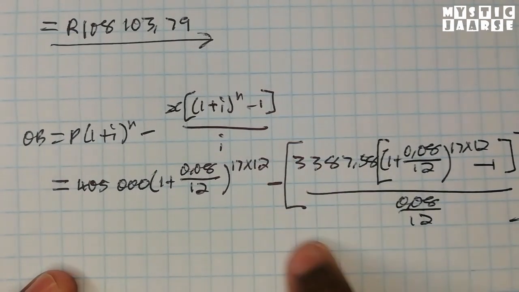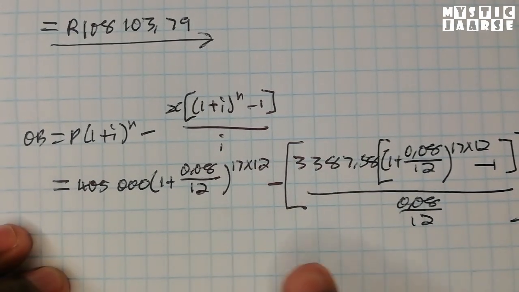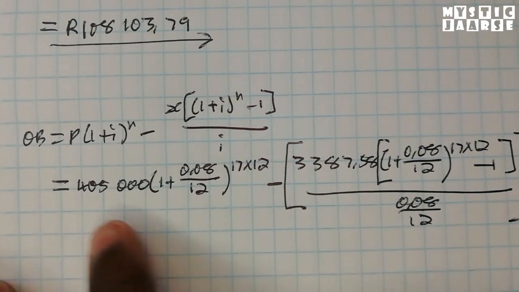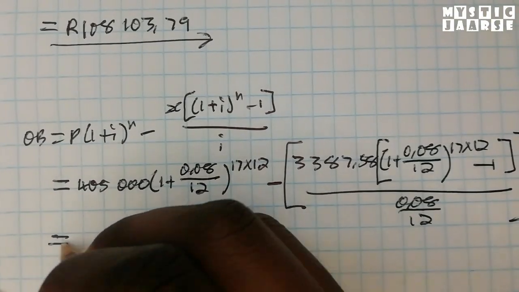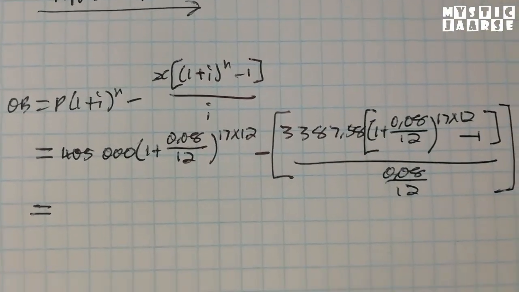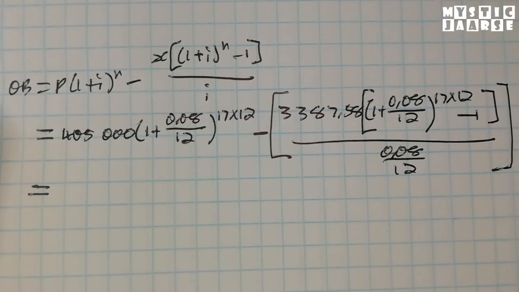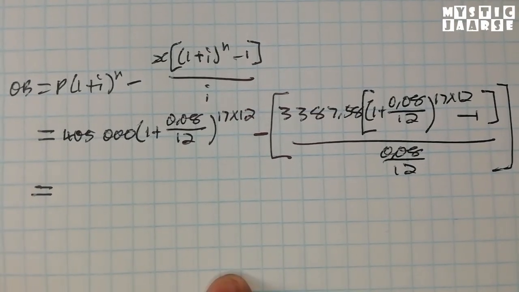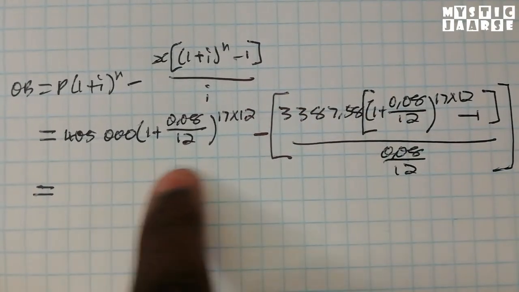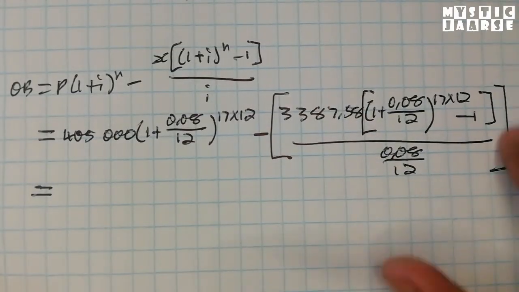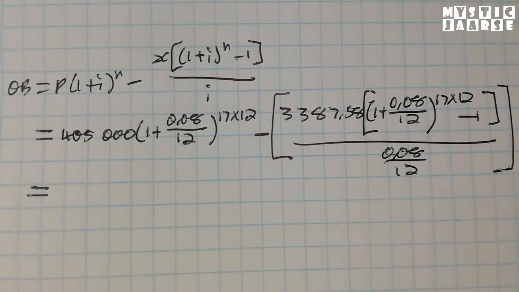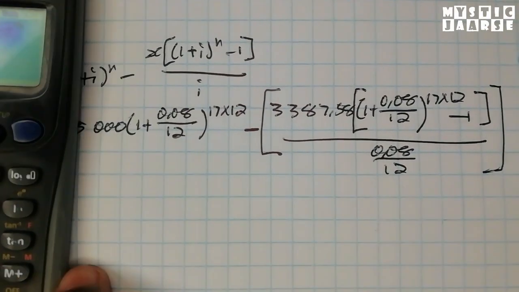I'm opening brackets here because I'm subtracting this thing from this number. So it's a good habit to do that because you're going to plug the whole thing into your calculator. So your calculator needs to know that we are subtracting this number from this number by opening up brackets after the subtraction sign.